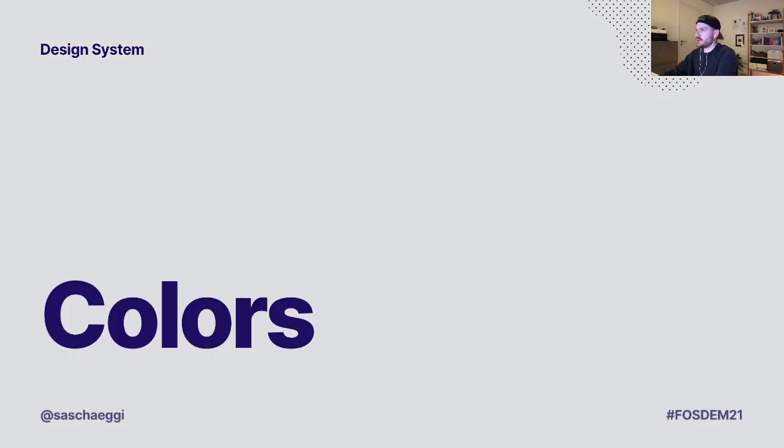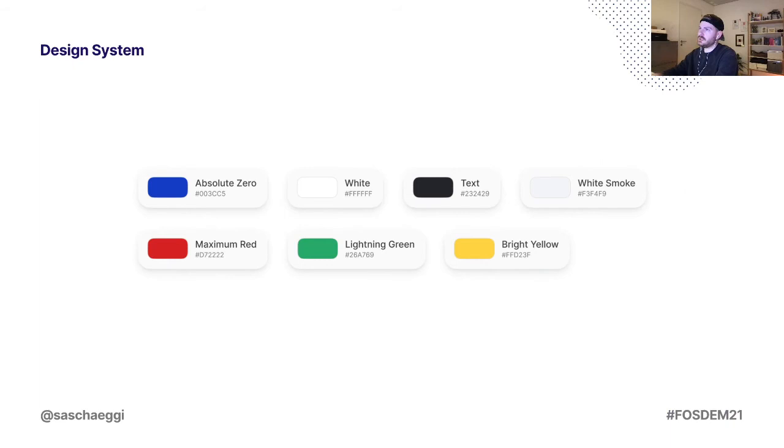And for colors, we have very few colors defined. We use this vivid blue, absolute zero color, for accents and for more important UI elements like primary actions and so on. The rest of the colors are more like gray tones or grayish colors.